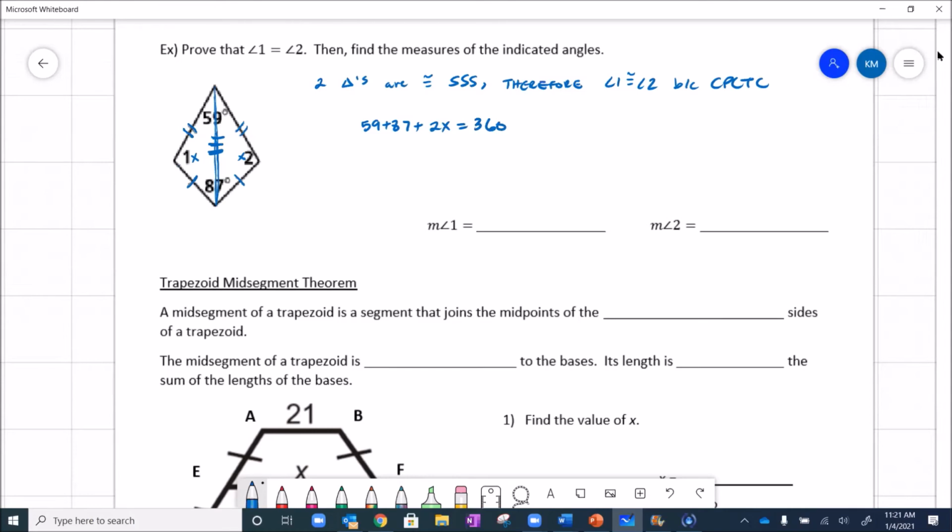So it's 146 plus 2x equals 360. 2x then will equal 214. Divide by 2. x is 107. And that means both of these angles are 107.